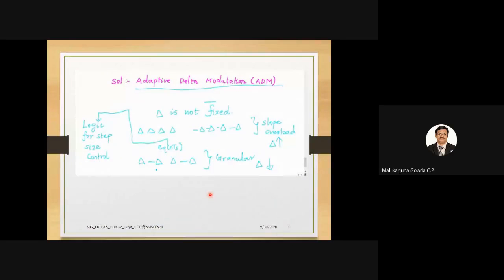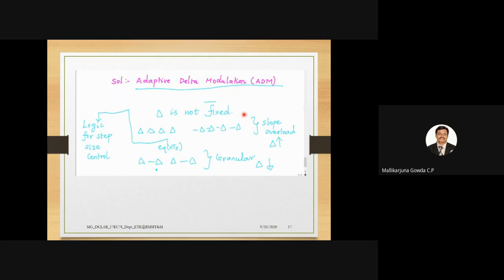Let us first execute the code of delta modulation. In delta modulation, the value of delta is fixed, and if it is fixed, for a fast varying input signal, what happens?